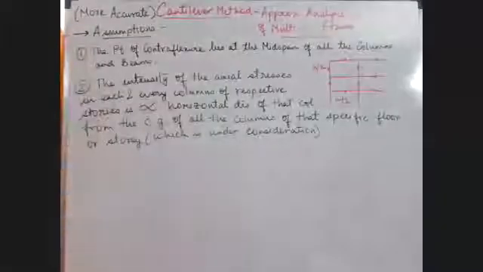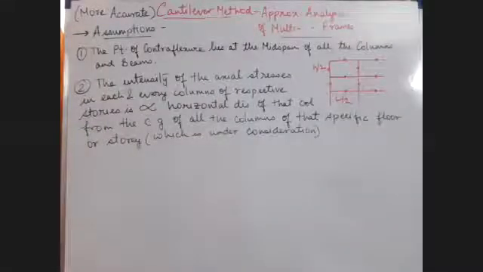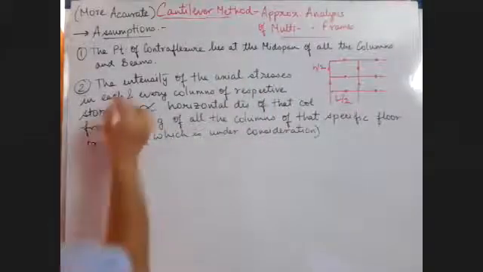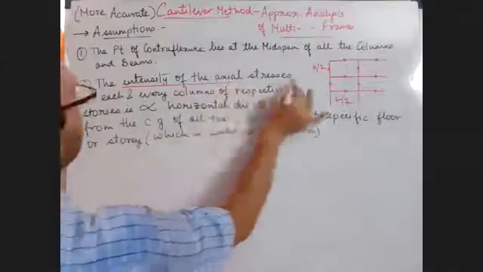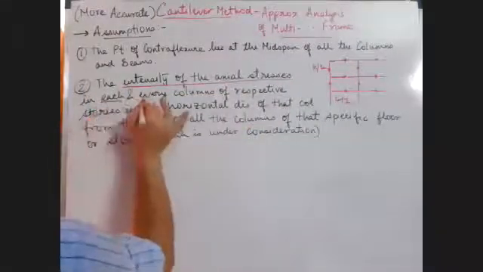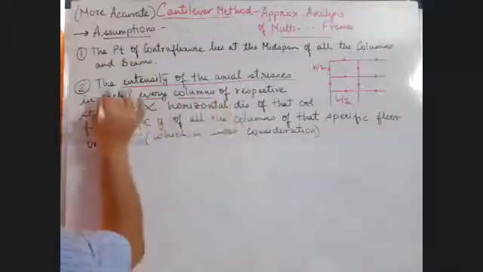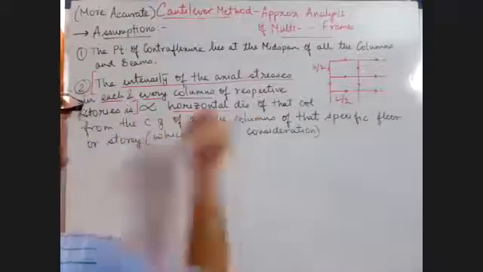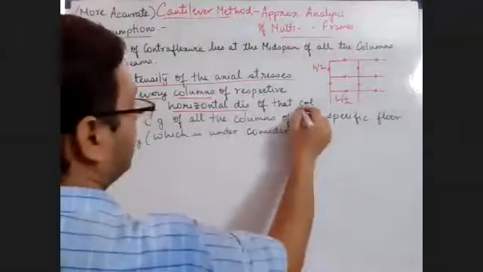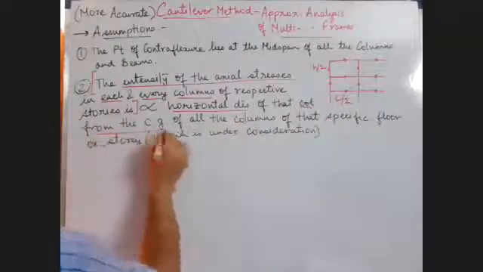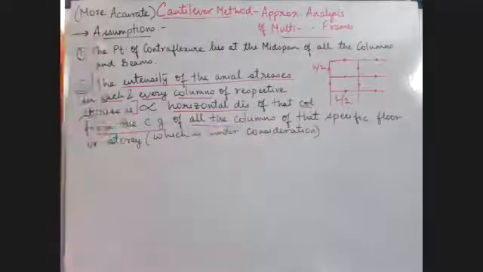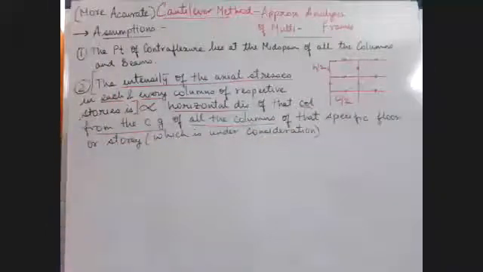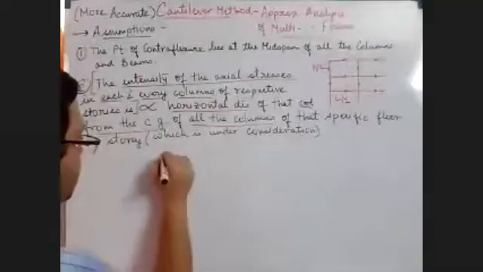So the intensity of the axial stresses in each and every column of the respective stories, this is one part, is proportional to the horizontal distance of that column from the CG of all the columns. Let me show the diagram. Please take down.